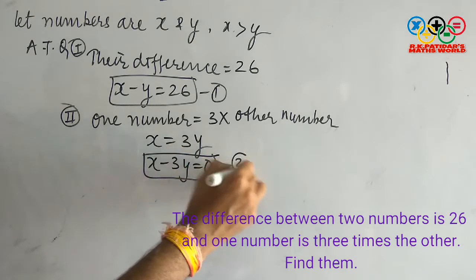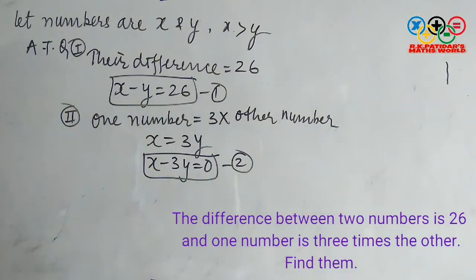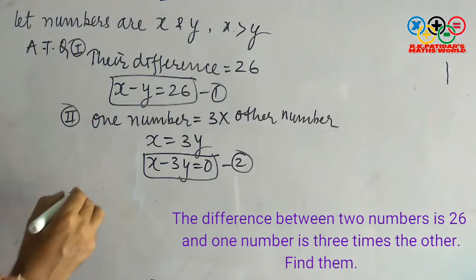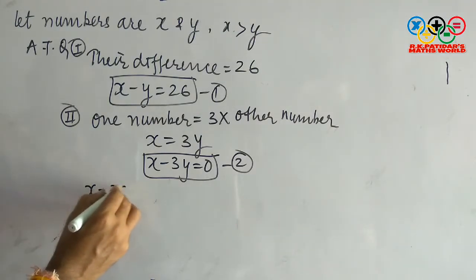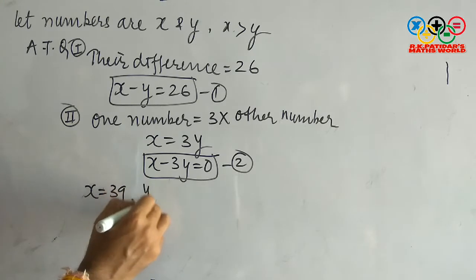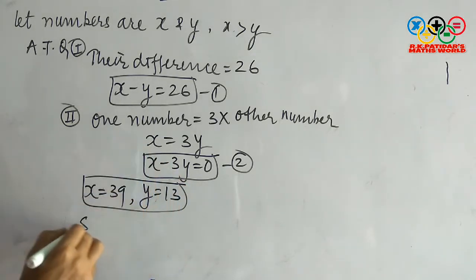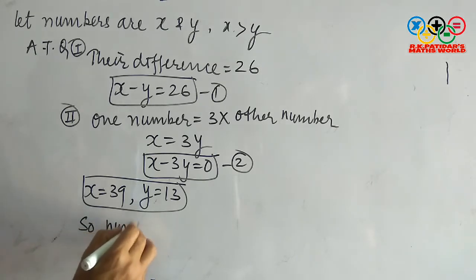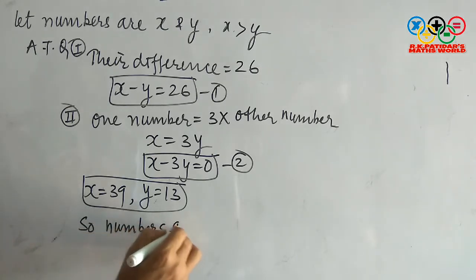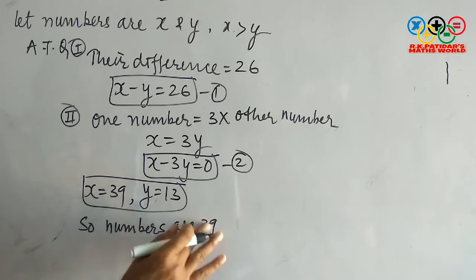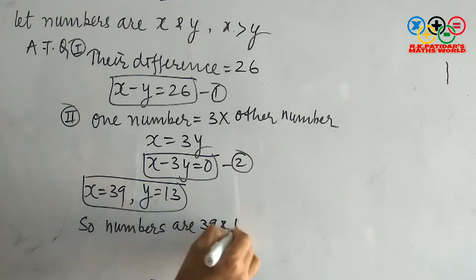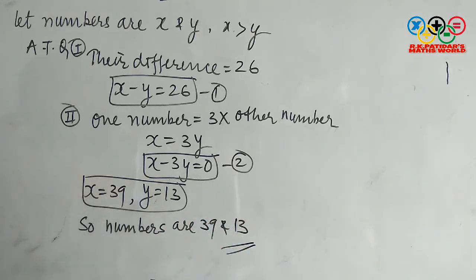Second equation. By using any method, we can solve these equations. If we solve, we will get x is equal to 39 and y is equal to 30. So the numbers are 39 and 30.